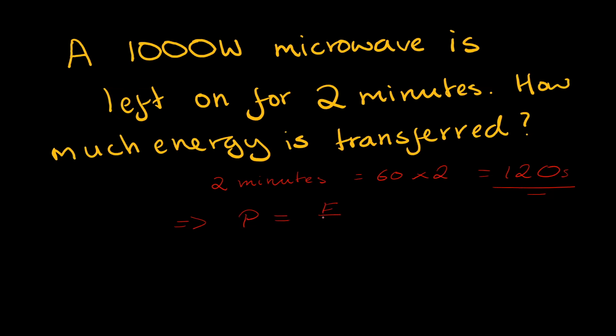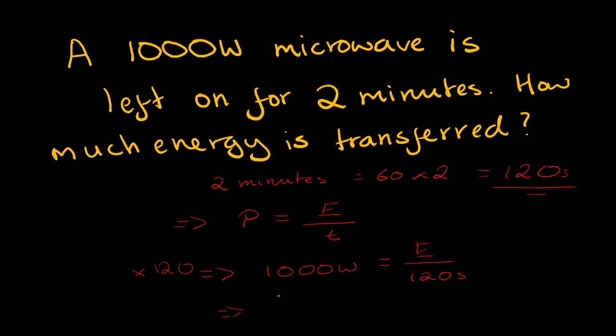Okay, so then we can write down the usual equation. Power equals energy over time. Power this time is 1,000 watts. Energy, we don't know. And then we've got a time of 120 seconds. So now we need to multiply both sides by 120.